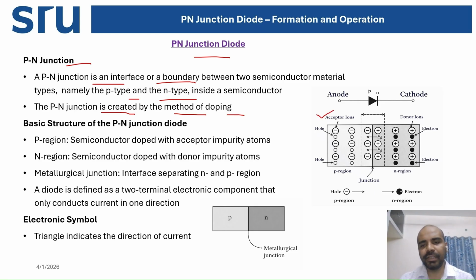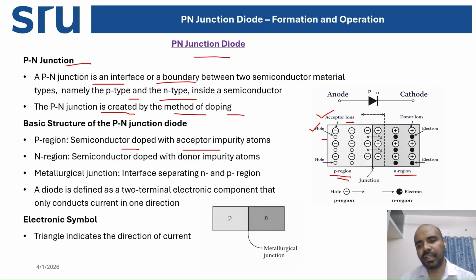As seen in the figure, in a PN junction there are two regions: one is the N region and another is the P region. The P region can be represented by acceptor type impurity atoms or acceptor ions and a hole, where the hollow circle represents a hole.